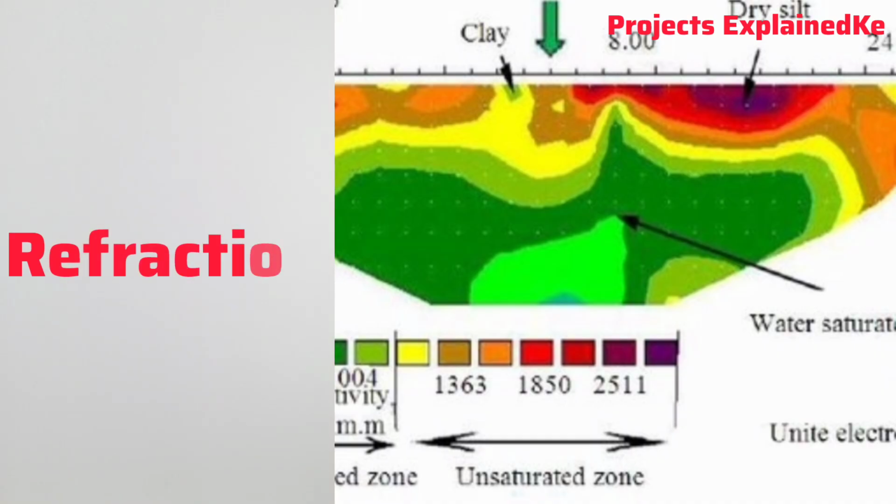Then in refraction seismology, once you blast, the waves bend when they hit layers with different densities. The curves will behave differently once they hit a hard rock or a soft rock, and it will give you a graph, and you can use that information to figure out the depth and the type of those layers.